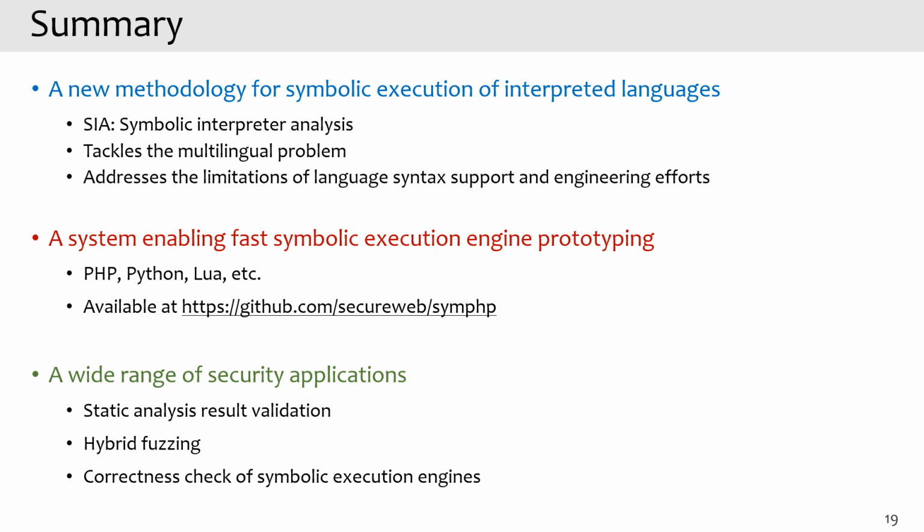It can quickly be implemented to support symbolic execution for different languages such as PHP, Python, and Lua, and our source code is available on GitHub. We demonstrate SymPHP has a wide range of security applications, including static analysis result validation, hybrid fuzzing, and correctness checking of symbolic execution engines. Thank you.